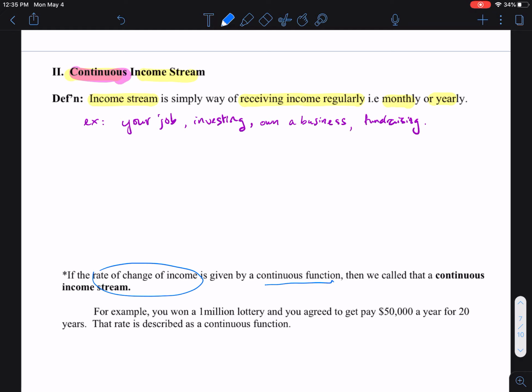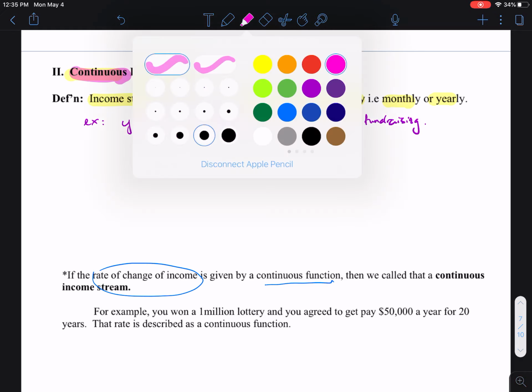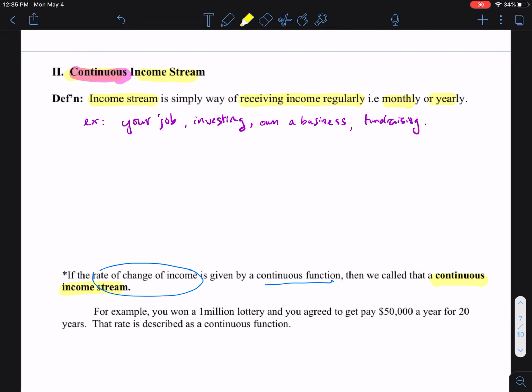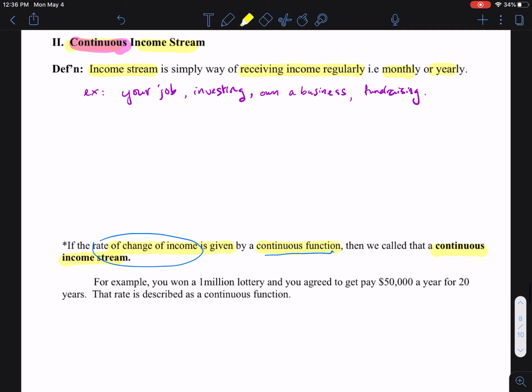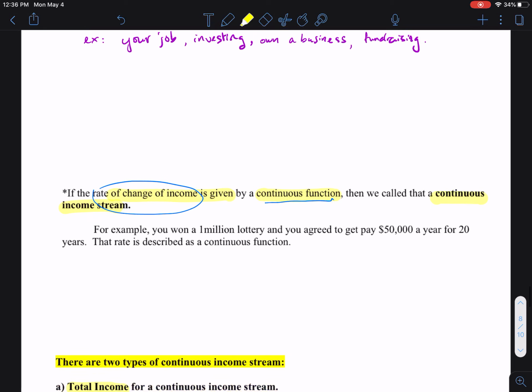So a continuous income stream is just an income stream that can be captured or described by a continuous function.